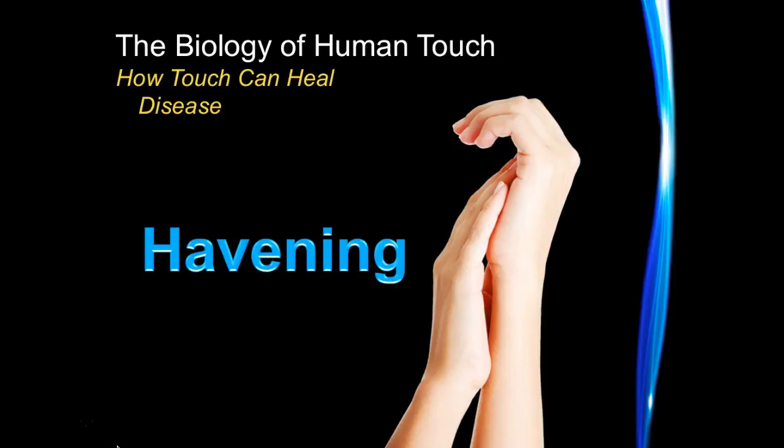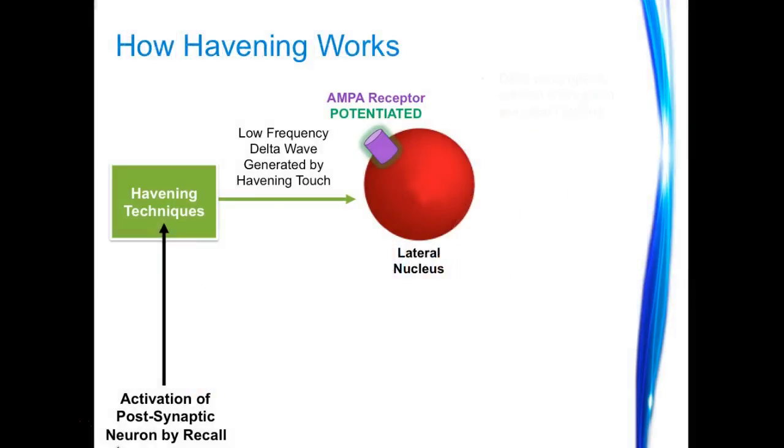In this video, we're going to take a look at how havening touch affects changes in the brain, ultimately leading to depotentiation in the amygdala, in the lateral amygdala specifically. So first of all, as it says down here, there's activation of the neurons that have encoded the trauma through recalling the event.